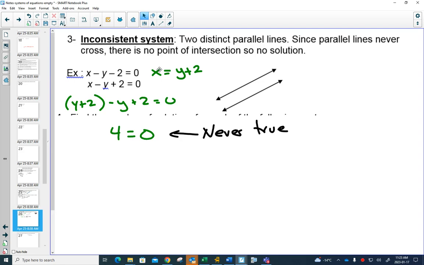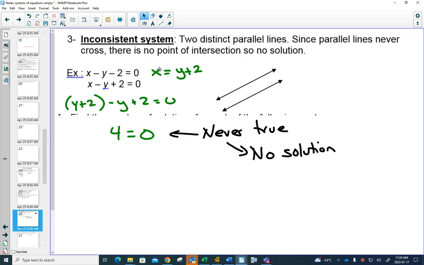So, because it's never true, this tells us that there is no solution. So now we have something that could happen while we're solving. Normally when you solve, you get a point.